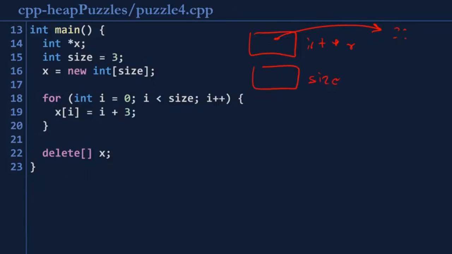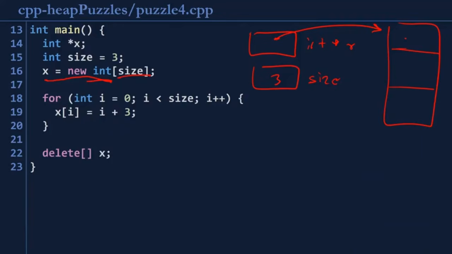The next thing is we have an int size here on the stack, and it has the value of 3. And we say x is equal to the new integer array. So x is now equal to a new integer of size 3. This new int with the array brackets denotes that we are allocating a sequence of integers.